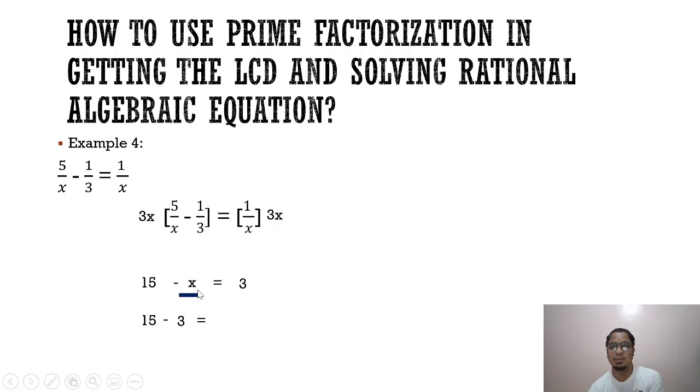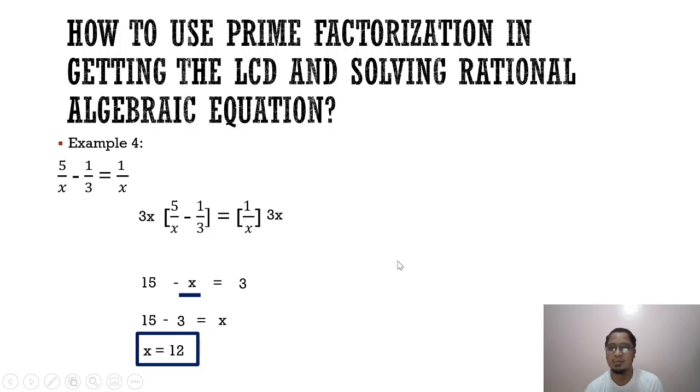And then, yung negative x natin, positive na siya. By simplifying this one, we can get the value of x. And that will give us 12. This will be our value.